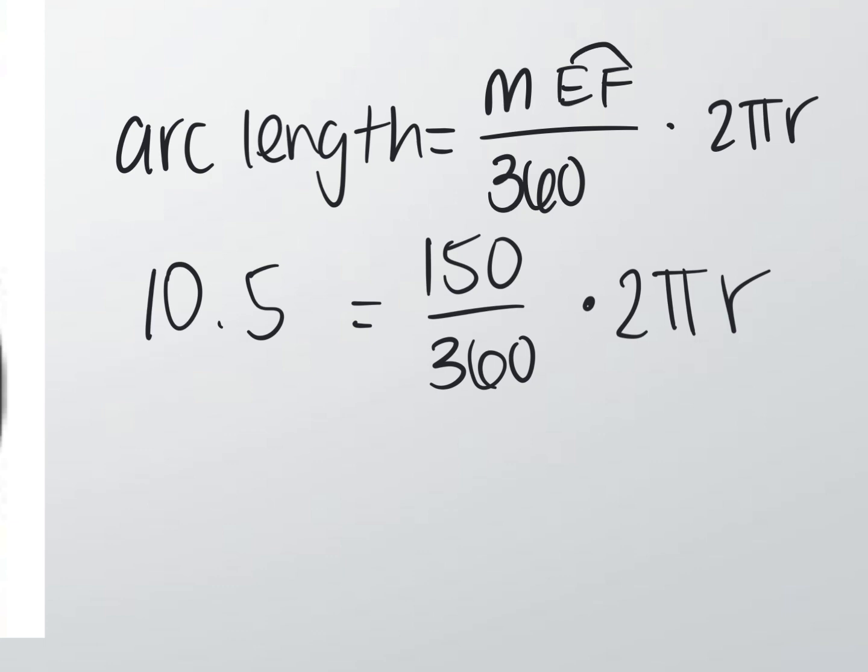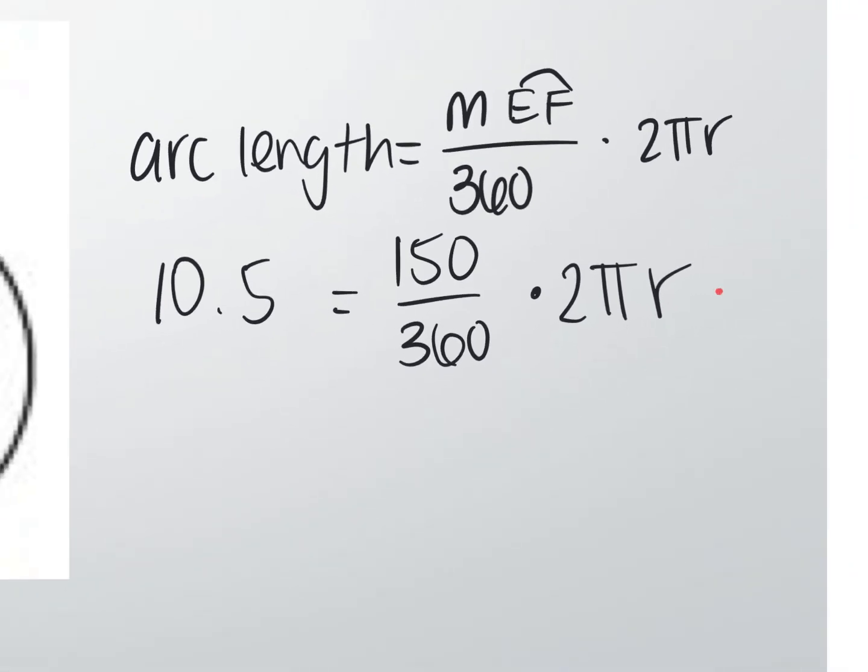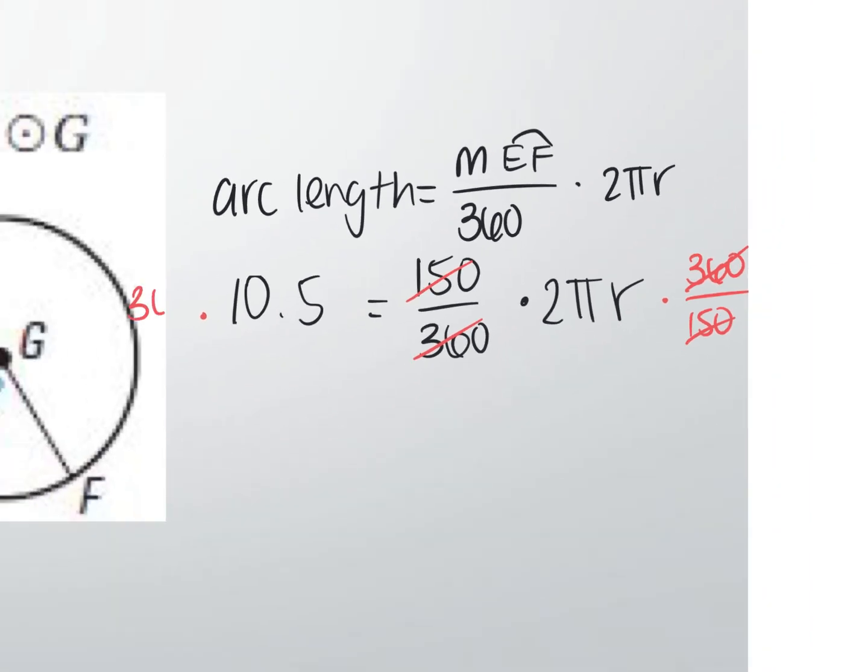So now our mission is to isolate r. What can I do to isolate r? The reciprocal, very good. What would be the reciprocal here? 360 over 150. This cancels. So multiply this side also by 360 over 150.